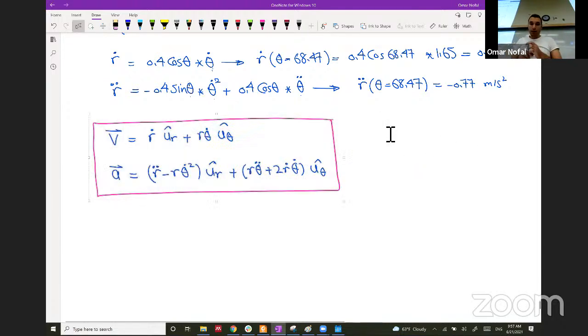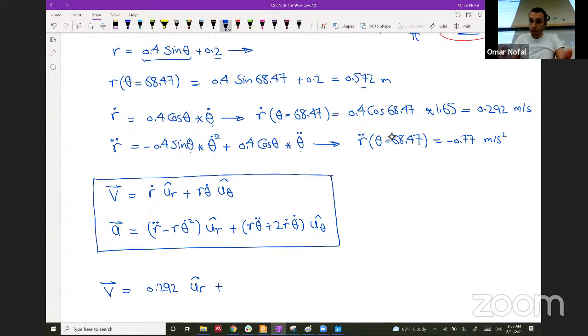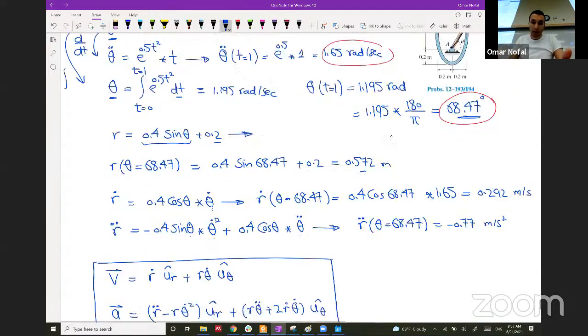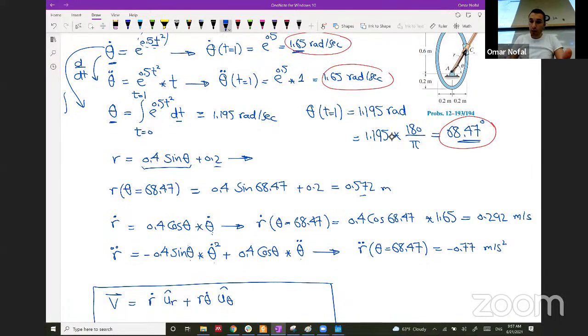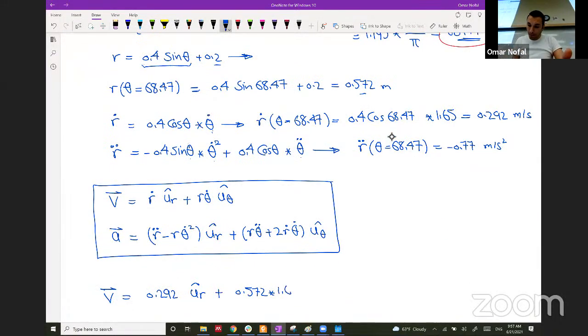All right, so if we want to get V, the V vector will be equal to r dot, 0.292, in the direction of the u r hat, plus r, which is 0.572, multiplied by theta dot, which is 1.65, in the direction of the u theta hat.